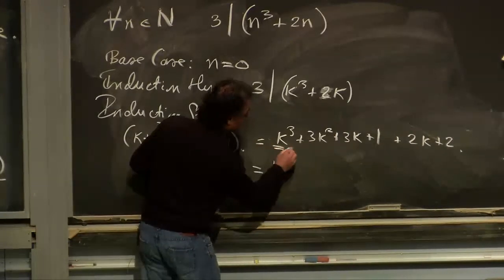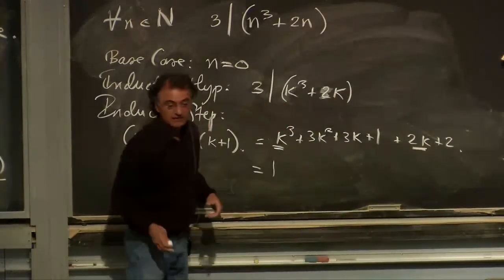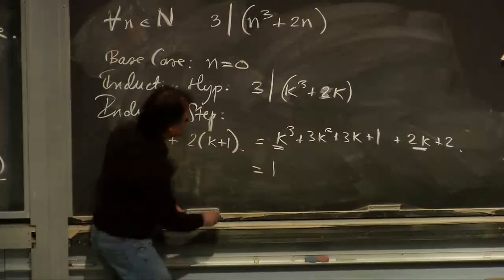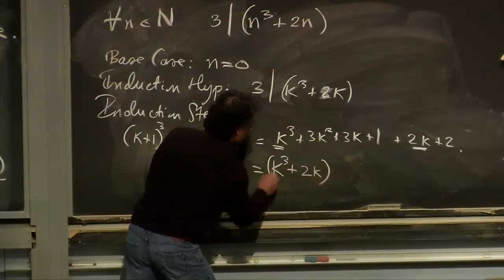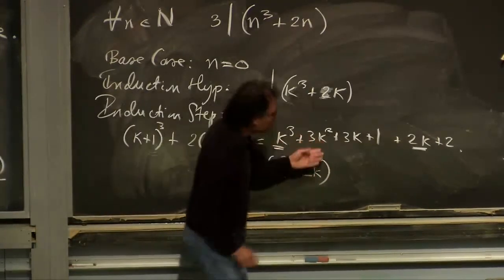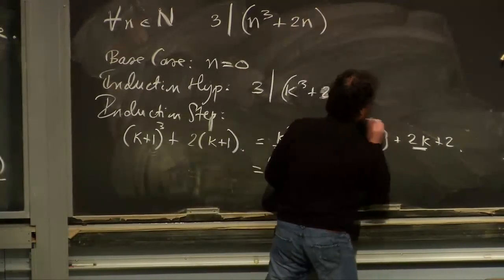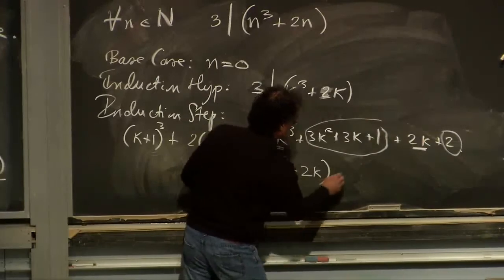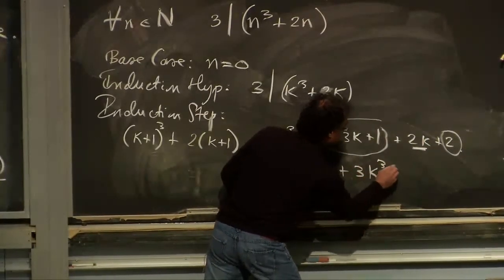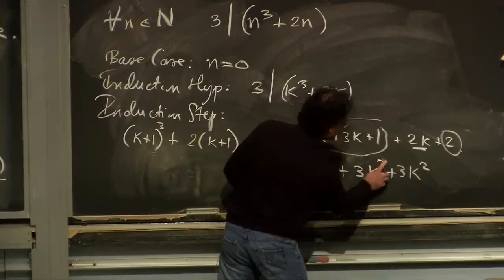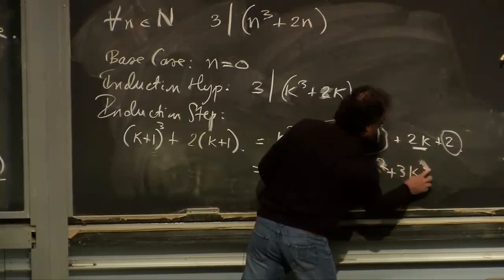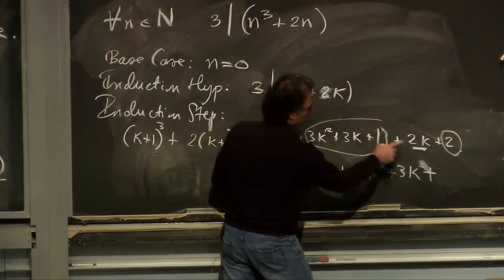So there's that, and there's that, right? k cubed plus 2k. So let's take k cubed plus 2k. And then let's bunch all the rest of the stuff together. So that's this and that. Plus 3k squared plus 3k plus 3.